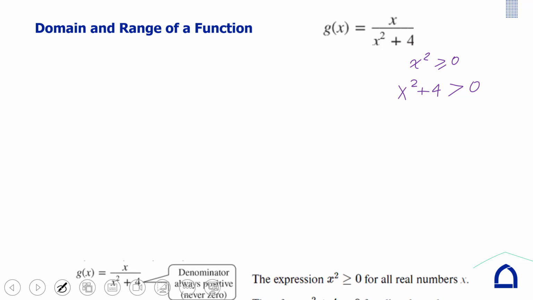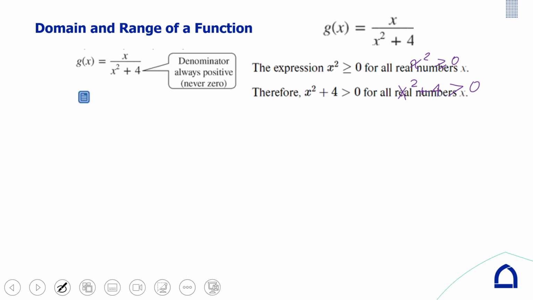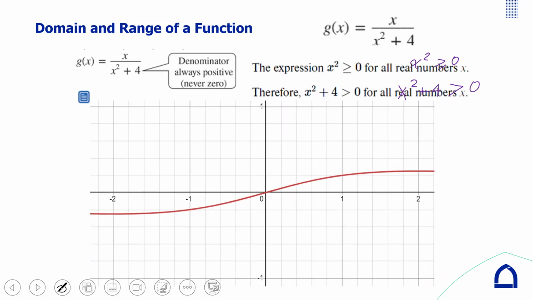So the domain will be all real numbers, from minus infinity to positive infinity. I will let you work out what the range is. The range is the minimum value of y and the maximum value of y. Check it.